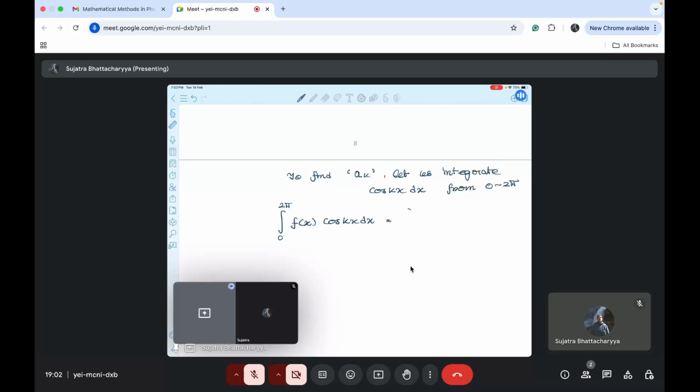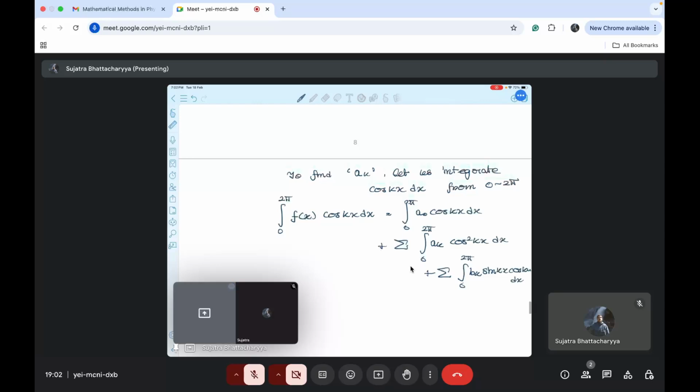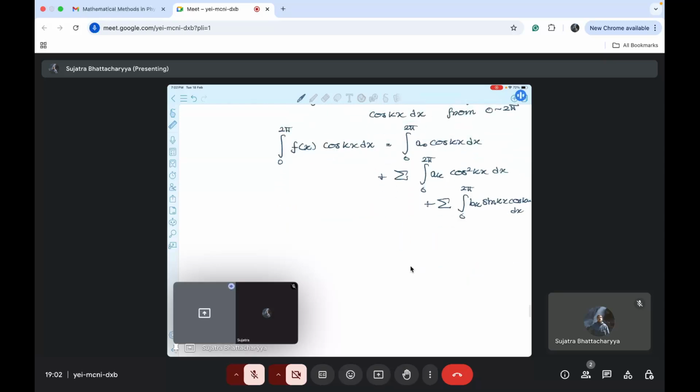On the right hand side, we have the integral from 0 to 2 pi of a naught cos kx dx, plus summation, leave it as it is, the integral from 0 to 2 pi of a_k cos square kx dx, plus summation, the integral from 0 to 2 pi of b_k sin kx cos kx dx. All right. With this, you can see that this will be 0. This will also be 0. We have proved it. This also is known.